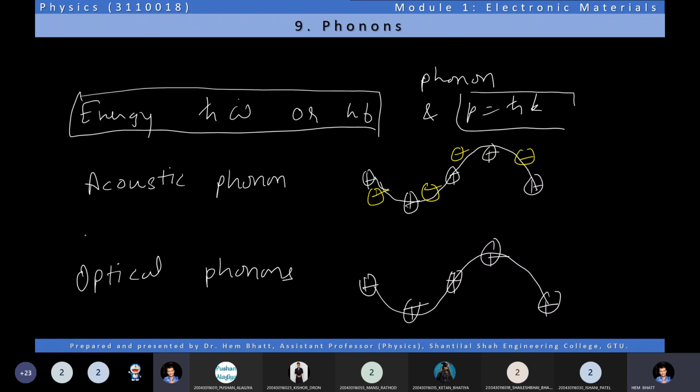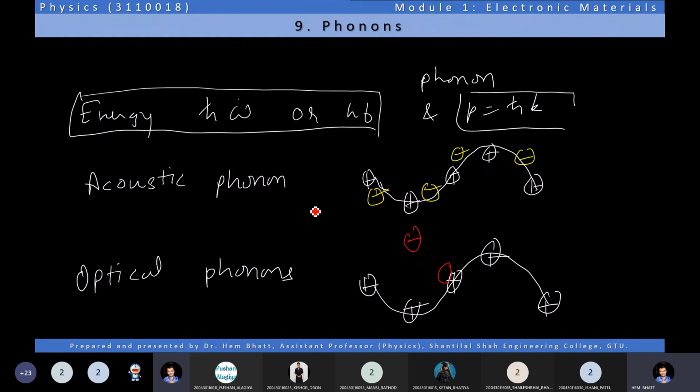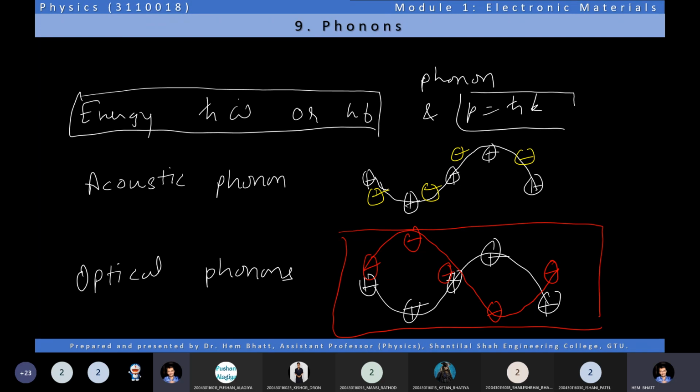What do you mean by opposite manner? Opposite manner means this way. If this is the scenario, then such phonons, such quanta of vibration, such packet of vibration is called optical phonon.